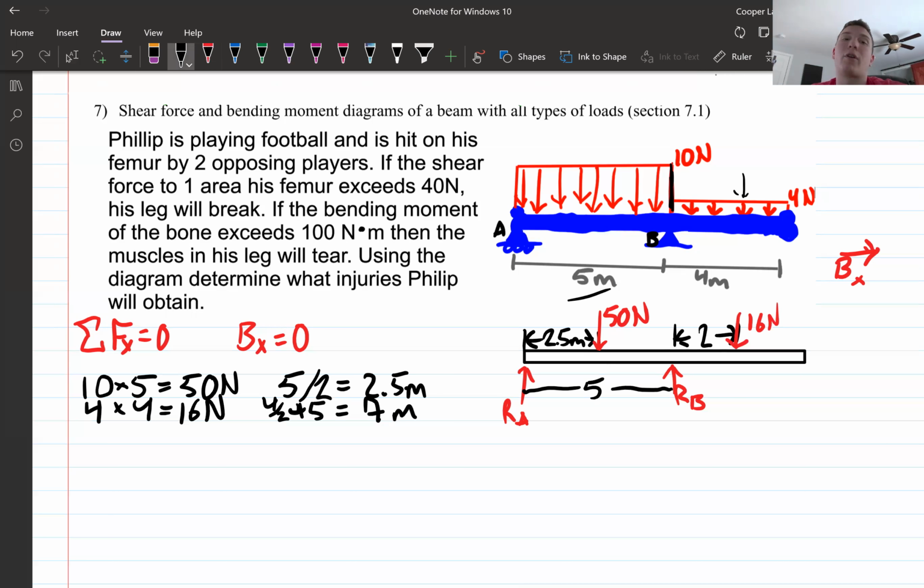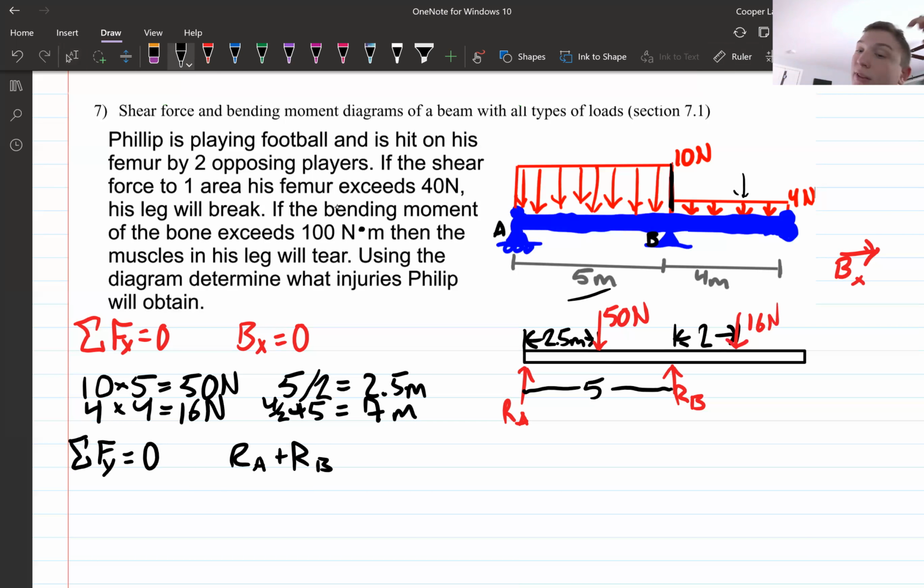Now we're going to try to solve for our reaction at point A as well as our reaction at point B. The first thing we can do is use another equilibrium equation, in the y direction, which should equal 0. I'm going to start off with my positive values, R sub A plus R sub B, and then subtract my forces in the downward direction: minus 50 minus 16, and this all equals 0.